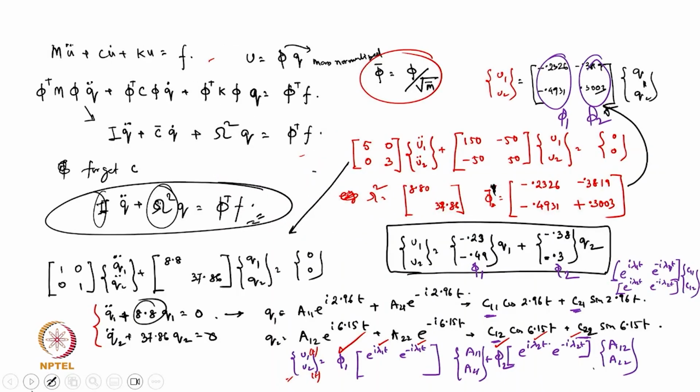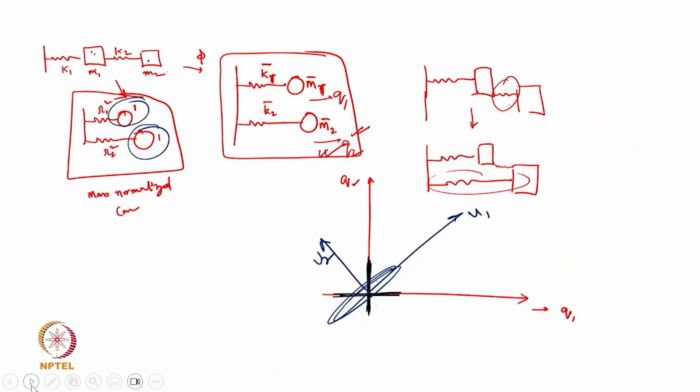As I was telling, if you use the mass normalized eigenvectors, then in your reduced system the mass will always remain 1 and the stiffness will be the frequency squared. Whereas if you are not using mass normalized, it will have some mass, and obviously that mass into frequency squared will be the stiffness.